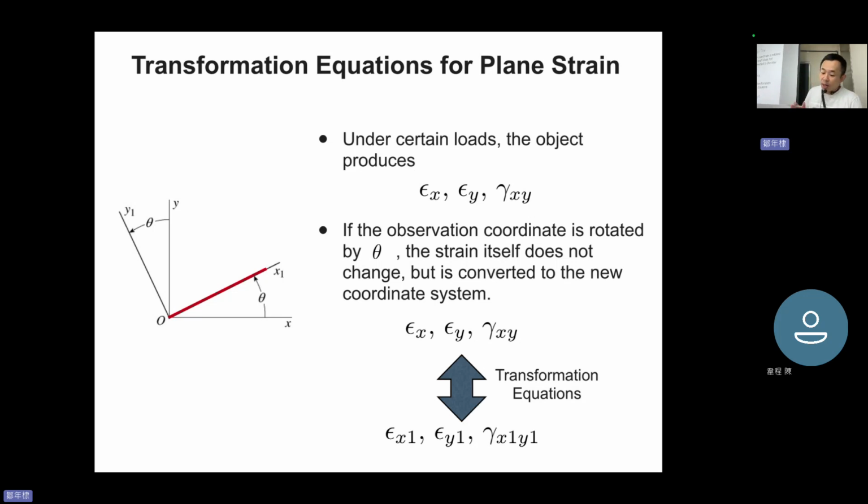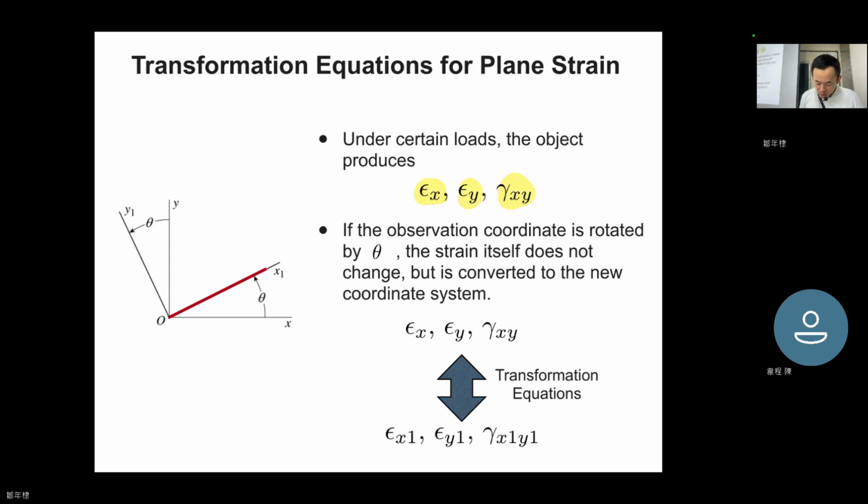All right. We also want to know the orientation. If you have x and y, and you have epsilon x, epsilon y, gamma xy as the known values, how can we get epsilon x1, epsilon y1, gamma x1y1 as the new x1 axis direction components?